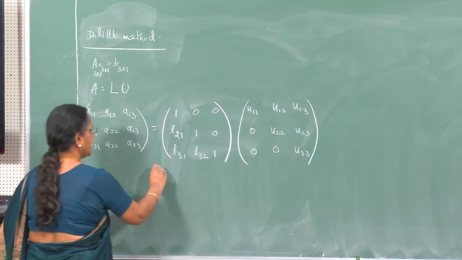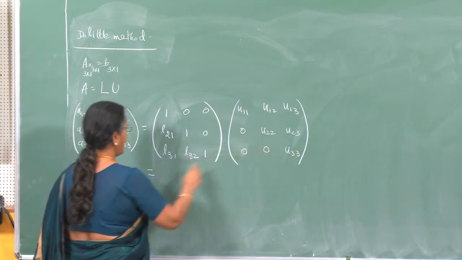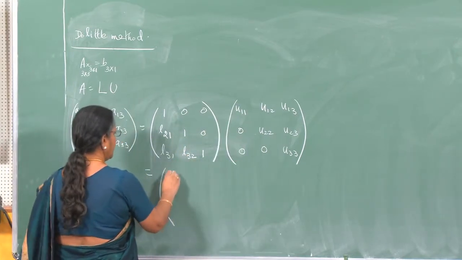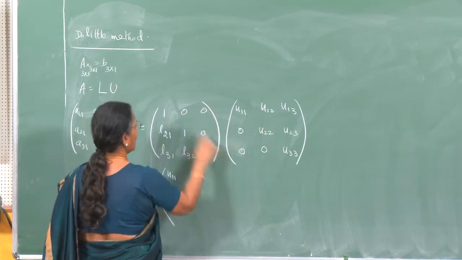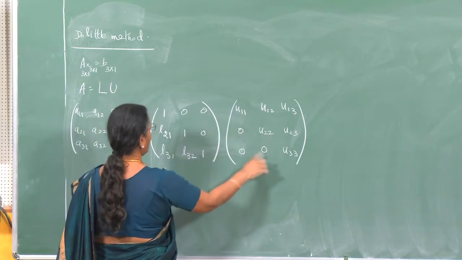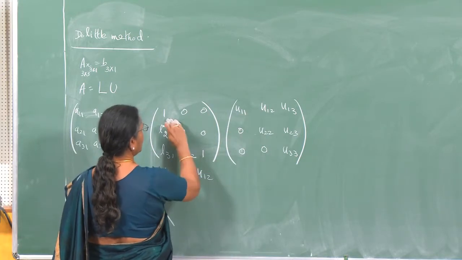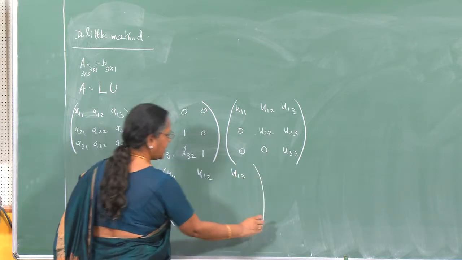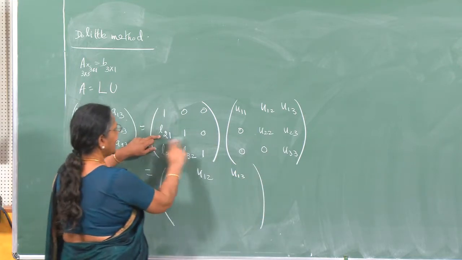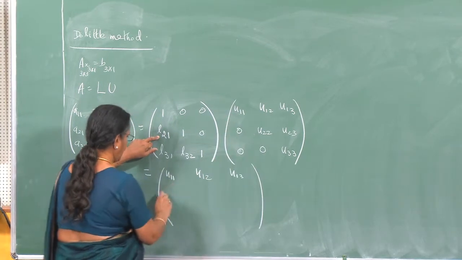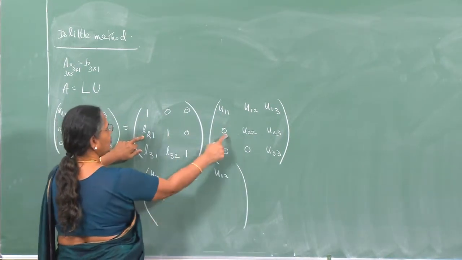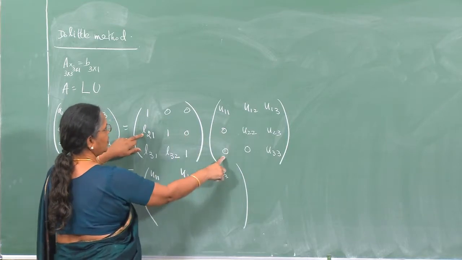So, let us multiply this and write down. The first row into the first column will give you U11, first row second column U12, first row third column will give you U13. Then the second row into the first column: L21 U11 plus 1 into 0 plus 0 into 0.